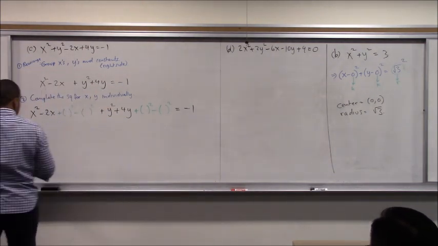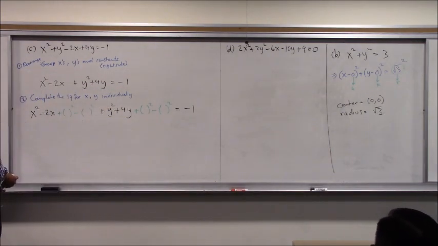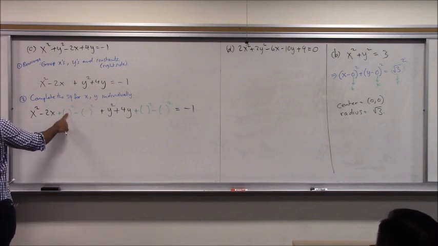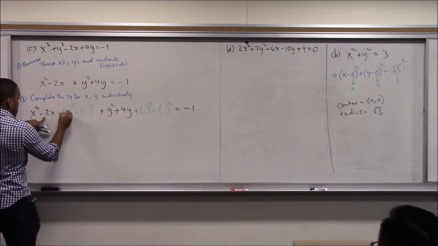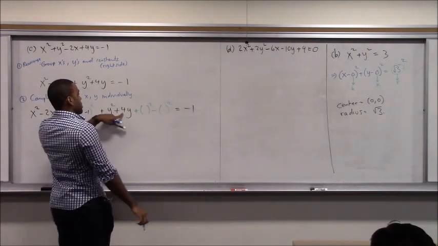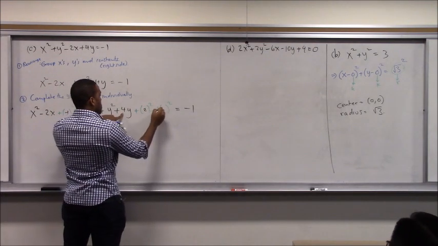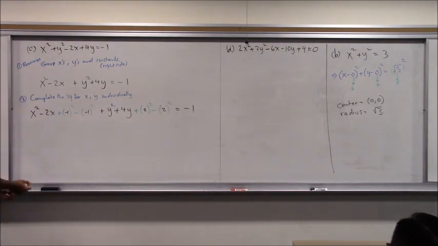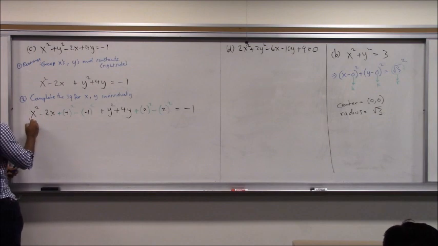Okay, so now what is the thing that we add and subtract? What is being squared here? Half of 2. It's half of the coefficient of x. So minus 1 goes in here and minus 1 goes in there. And half of positive 4 is positive 2. And what happens now is the first three terms become a complete square.